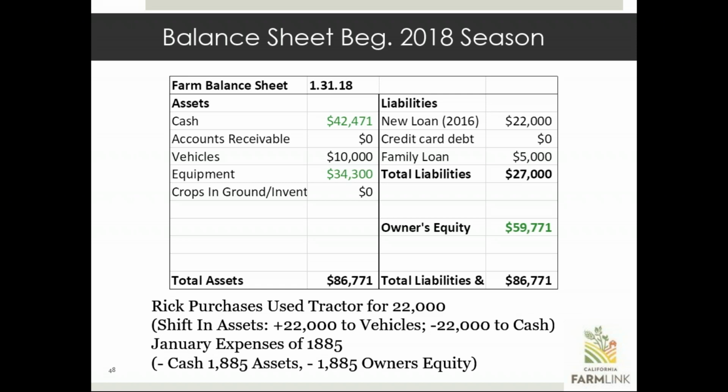So a kind of supplemental document to the balance sheet are schedules. And in the case of equipment, you'll want to have a separate schedule that details what equipment you own and what the purchase price was, and then as that equipment depreciates over time, that should be reflected on your balance sheet.